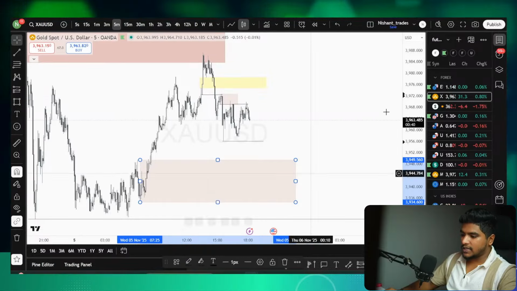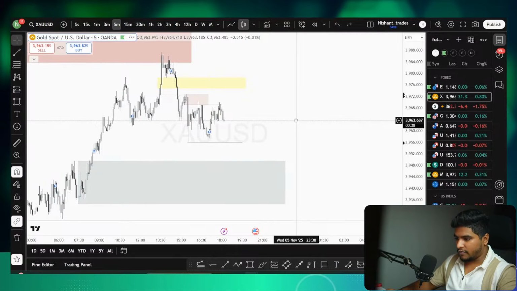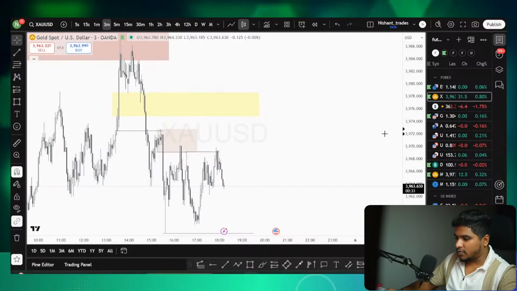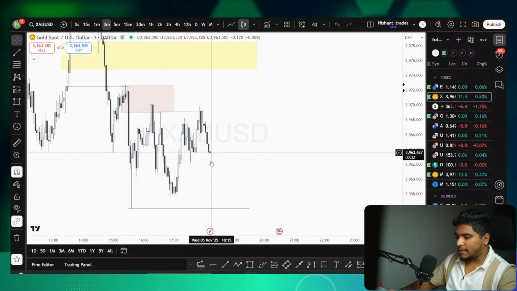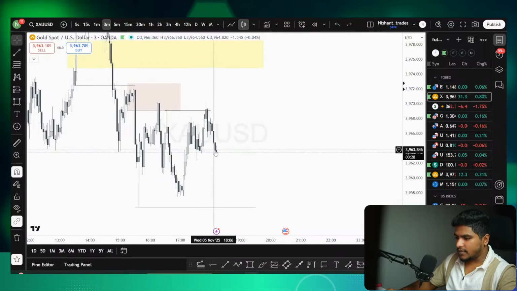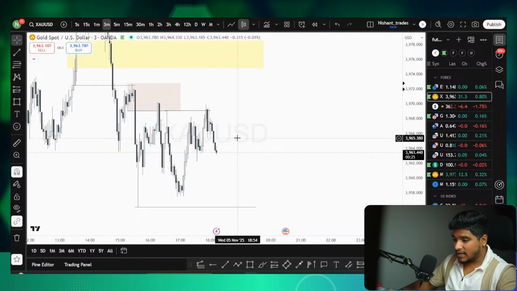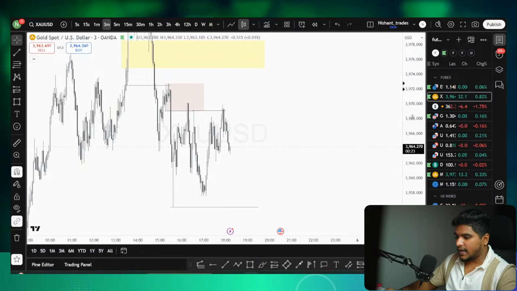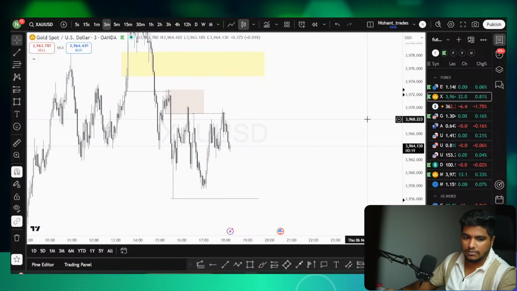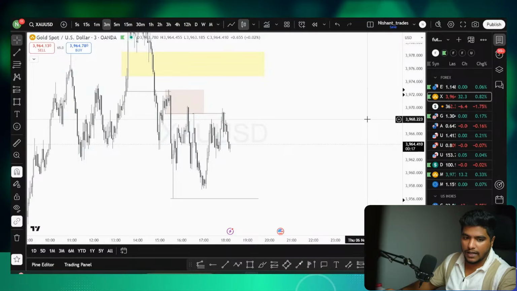Now the question is where we are planning to enter. Firstly, roughly around this area, after more price development, we can plan to enter shorts from here itself. If not this, if it just pushes up higher, we'll see. But I think from the current area, it's okayish, it's logical. So we'll plan it accordingly.